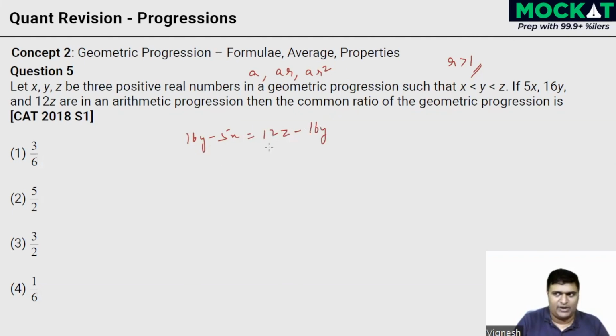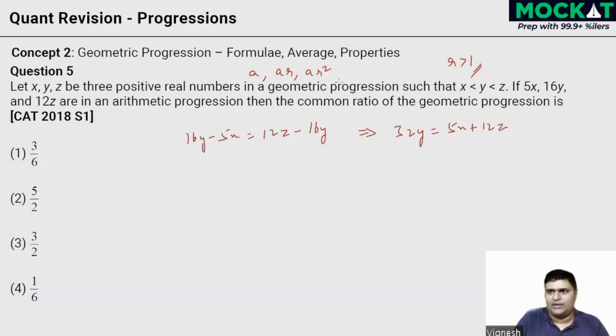That's one way to write it. Or those of you who know it, 2 times the middle term, 32y, equals the sum of the other 2 terms, 5x plus 12z. The sum of the first and last terms is equal to 2 times the middle term when you have 3 terms in an AP. But essentially, both of these are the same. Bring the 16y here, it becomes 32y, take the 5x there, it becomes 5x plus 12z.